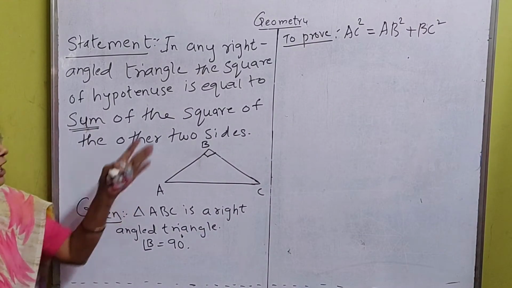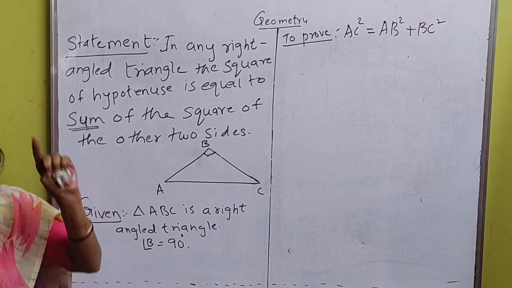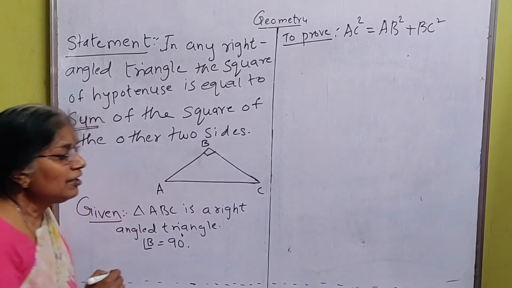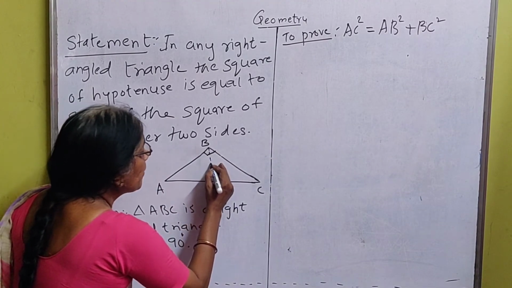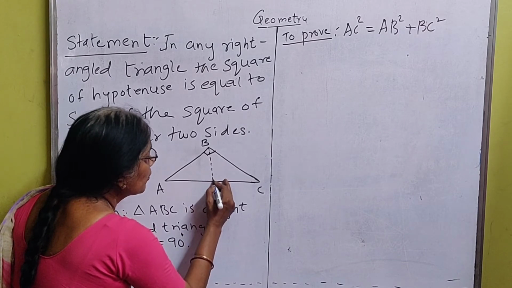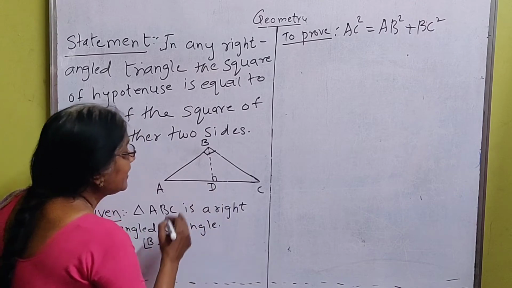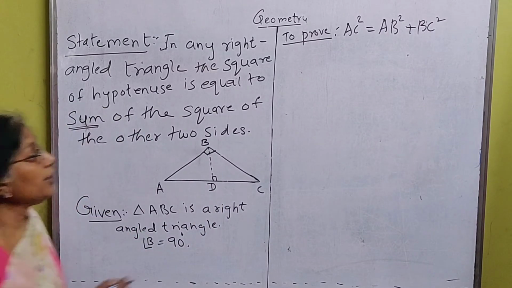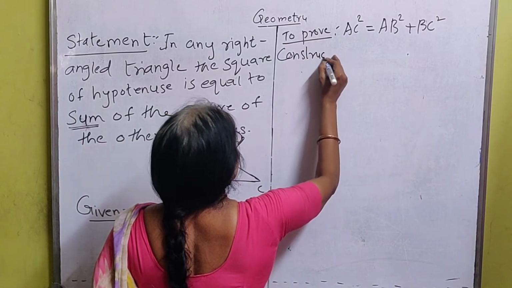To prove this, you can't prove with this diagram. You need to draw or construct. What is the construction you are going to do? I told you, from B you are going to draw a perpendicular line, means you are going to draw a height. Perpendicular line is what? It makes 90 degrees with the base. So you are going to write down construction.